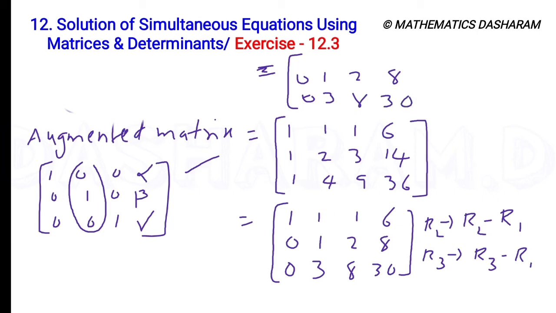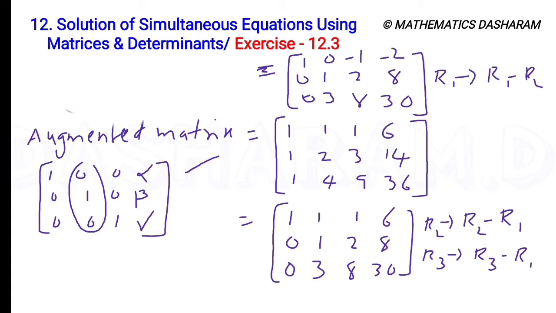R1 is replaced with R1 minus R2. So R1 minus R2 means 1 minus 0 is 1, 1 minus 1 is 0, 1 minus 2 is minus 1, 6 minus 8 is minus 2.